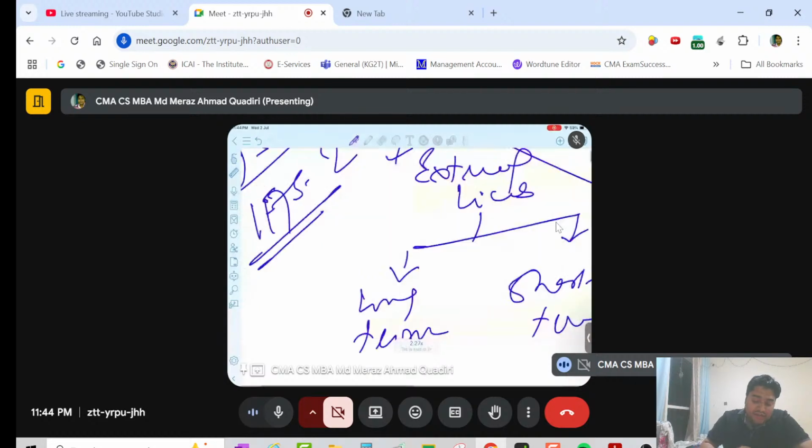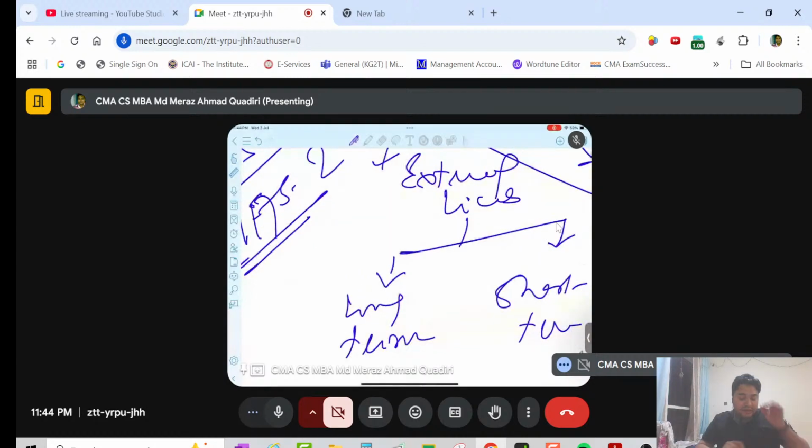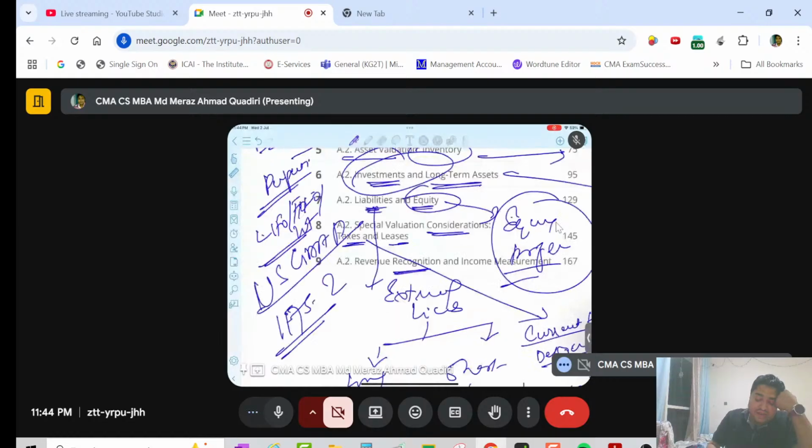After that, you will learn revenue recognition and income measurement. In revenue recognition you will learn IFRS 15. In lease you will learn IFRS 16.